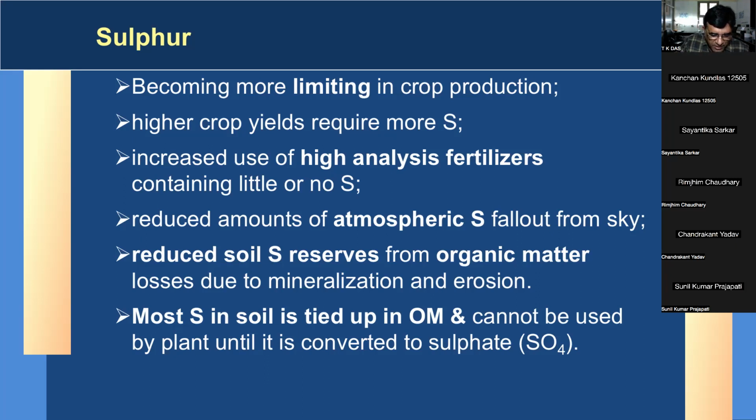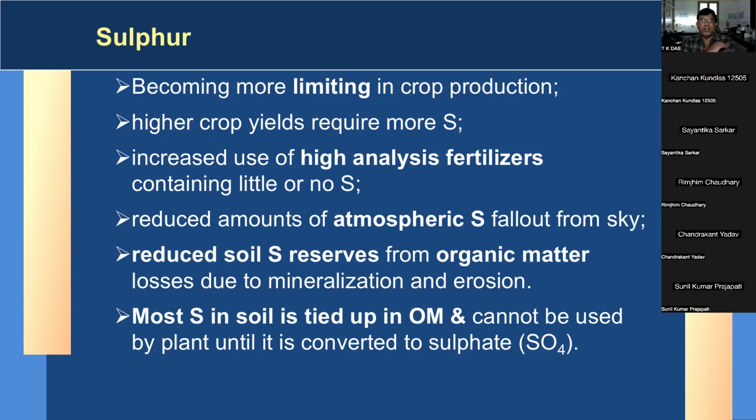SSP 12%, and in ammonium sulfate? Sir, I think 23. Okay, you have some idea. Rimji, how much sulfur is in ammonium sulfate? Sir, I think 24%. Anybody who is sure? So 24%. Ammonium sulfate 24% and 12% in SSP.